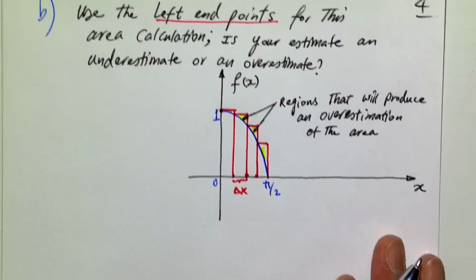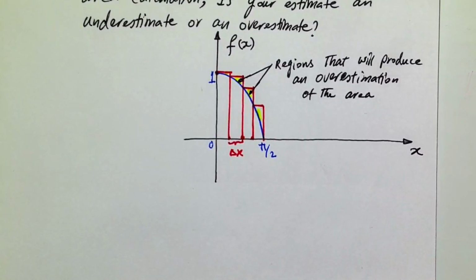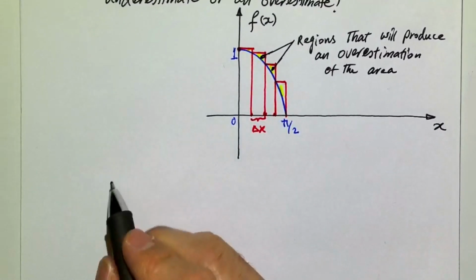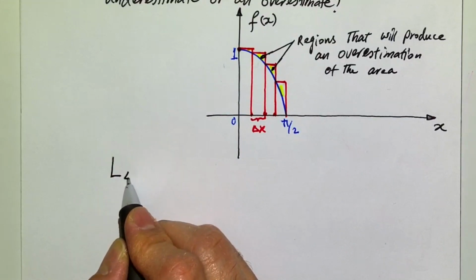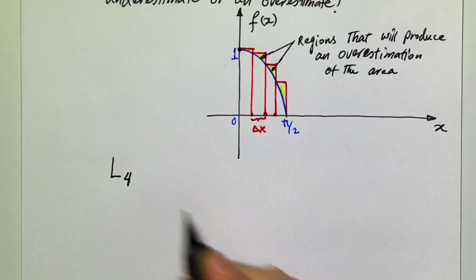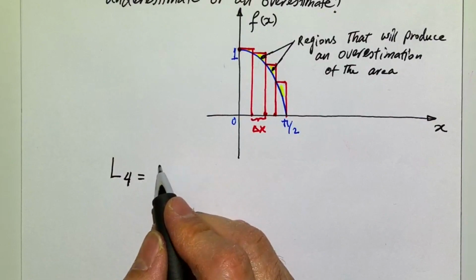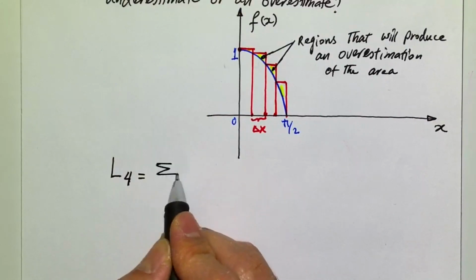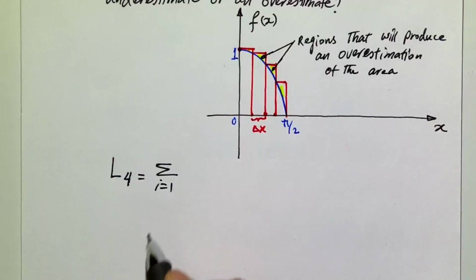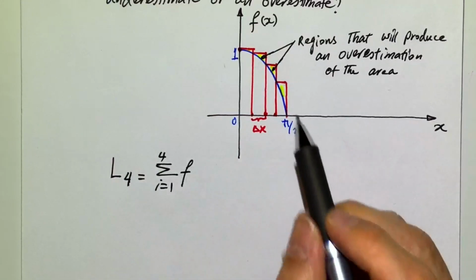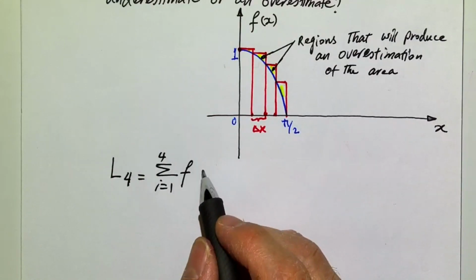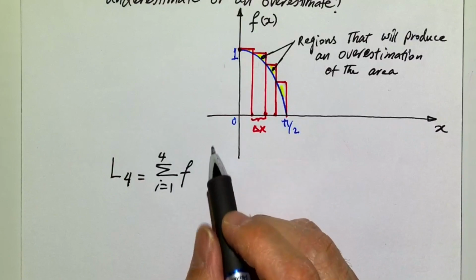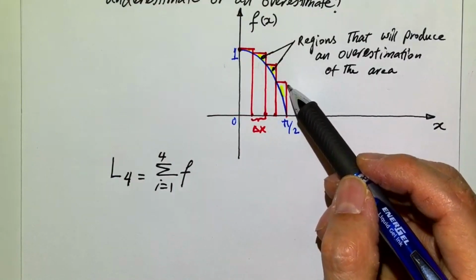So let's add up the same formula for the Riemann sum. This time we have the left endpoints for 4 rectangles, so we have the sum from 1 to 4 of the function value at each point.